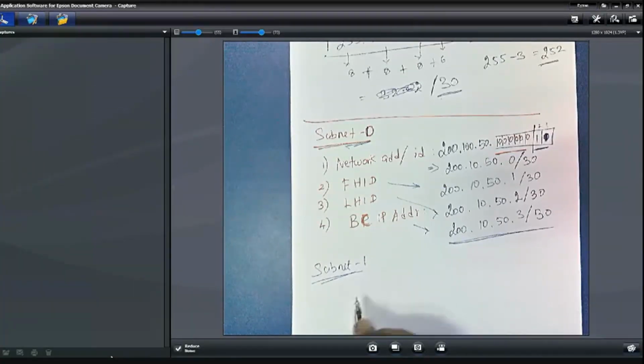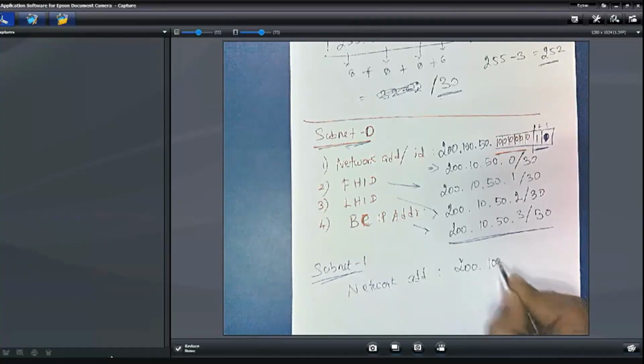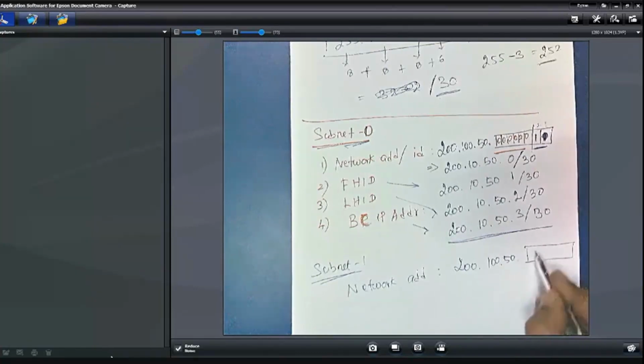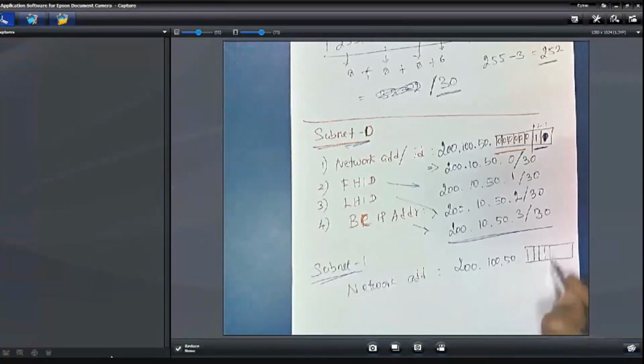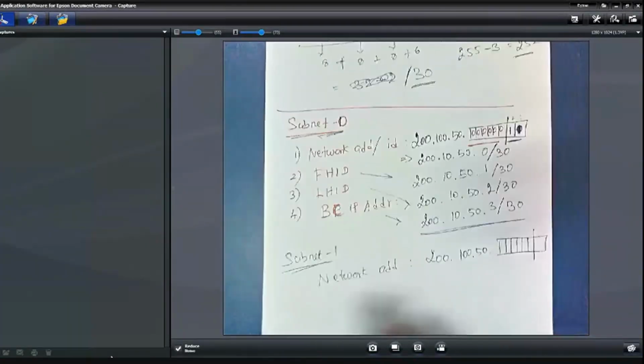Now here, what is the network address? Same thing: 200.100.50. Here there are 8 bits. We borrowed 6 bits: 1, 2, 3, 4, 5, 6 bits we borrowed. So this is the first subnet.